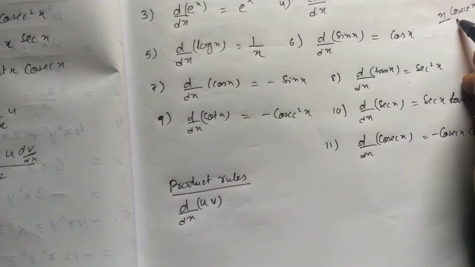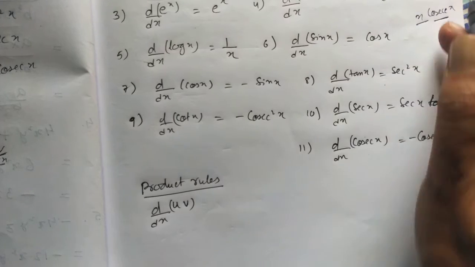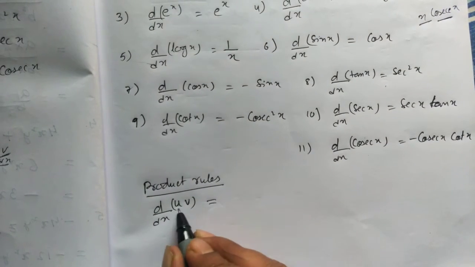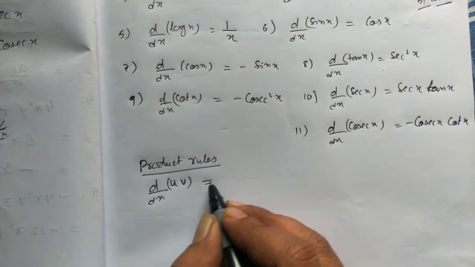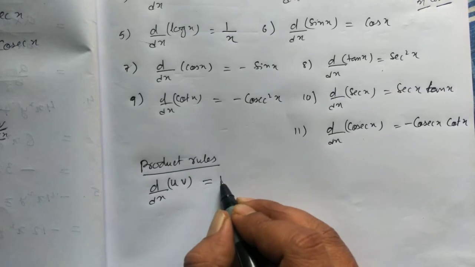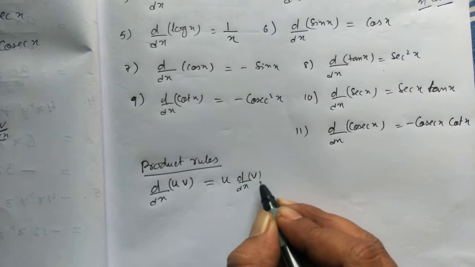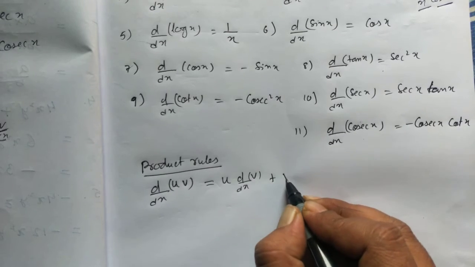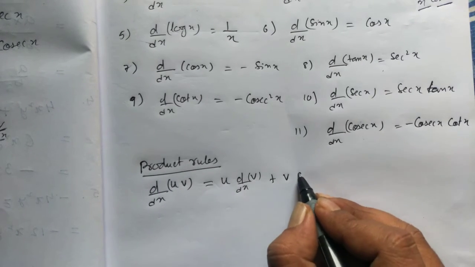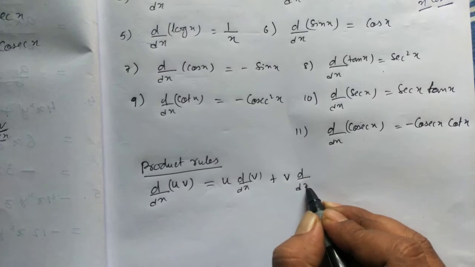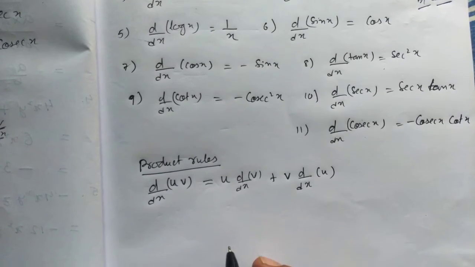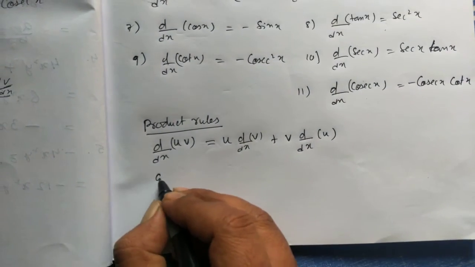If you derive two functions, then the product rule is: first we keep the first function as constant and derive the second function, plus we keep the second function as constant and derive the first one.